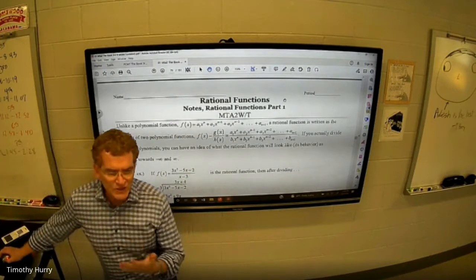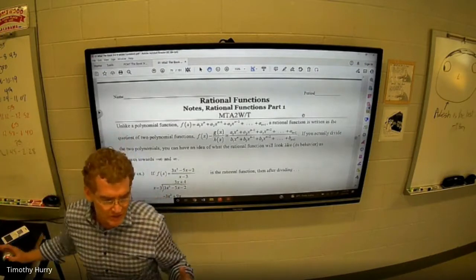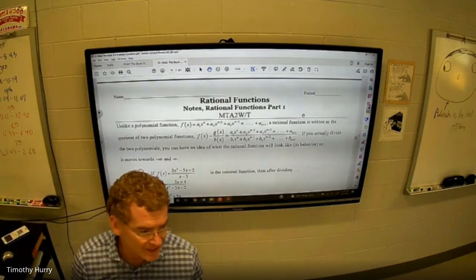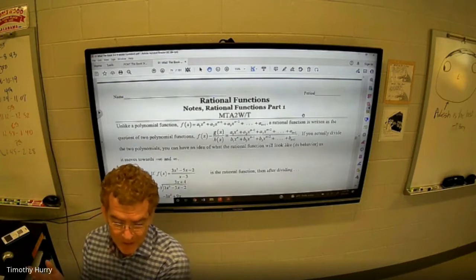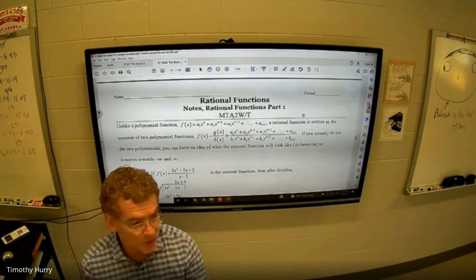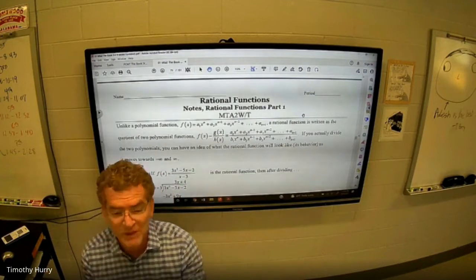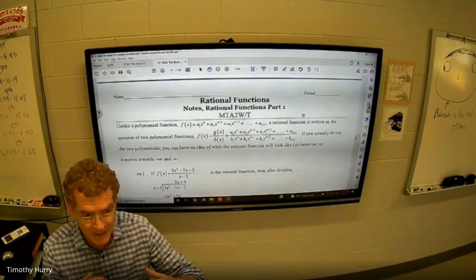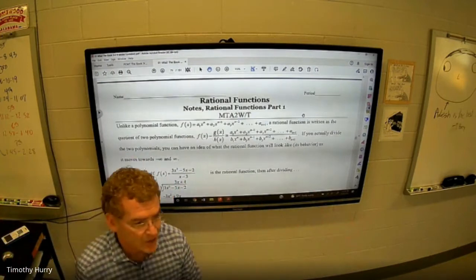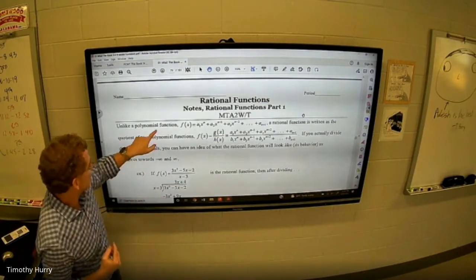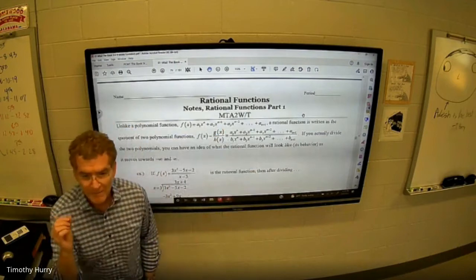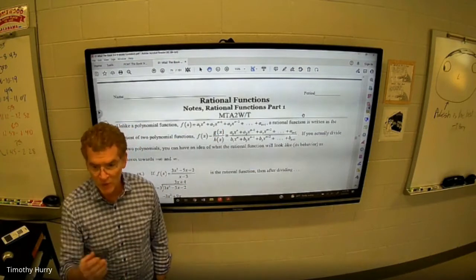So rational functions are functions that, instead of, you know how a polynomial could be something as simple as y equals 1, y equals x plus 1, y equals x squared plus x plus 1, y equals x cubed plus x squared plus x plus 1. It could keep getting higher and higher powers. The only condition on a polynomial function is that it has exponents that are positive integers or whole numbers.